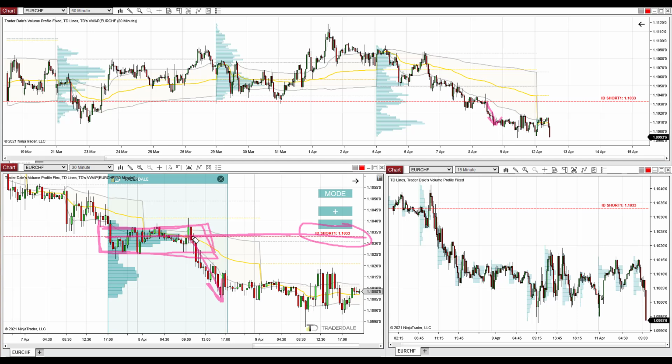So for me this is the most important level, 1.1033, because I think the sellers were adding to their short positions in here and afterwards pushed the price downwards. I think that those sellers will want to defend this zone. All right, so when there's a pullback, those sellers will want to push the price downwards from there. This is what will make this a strong resistance.